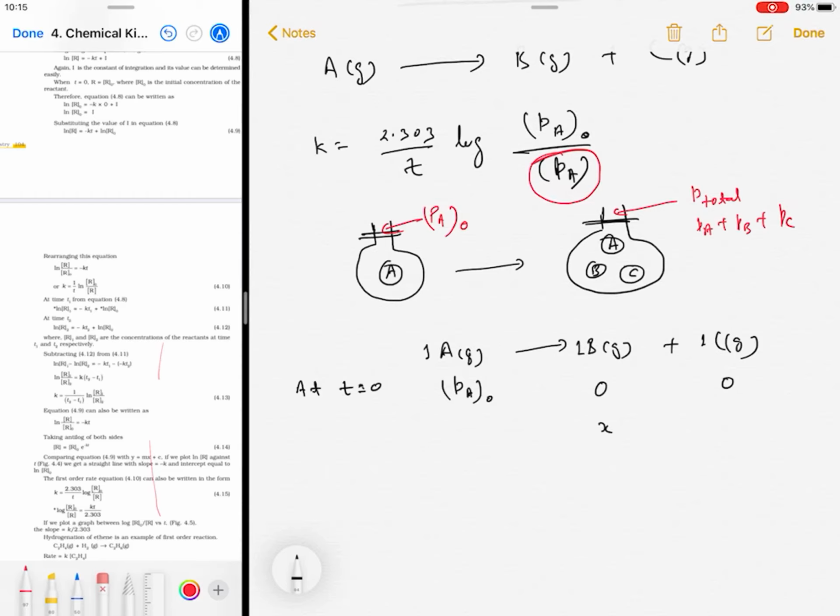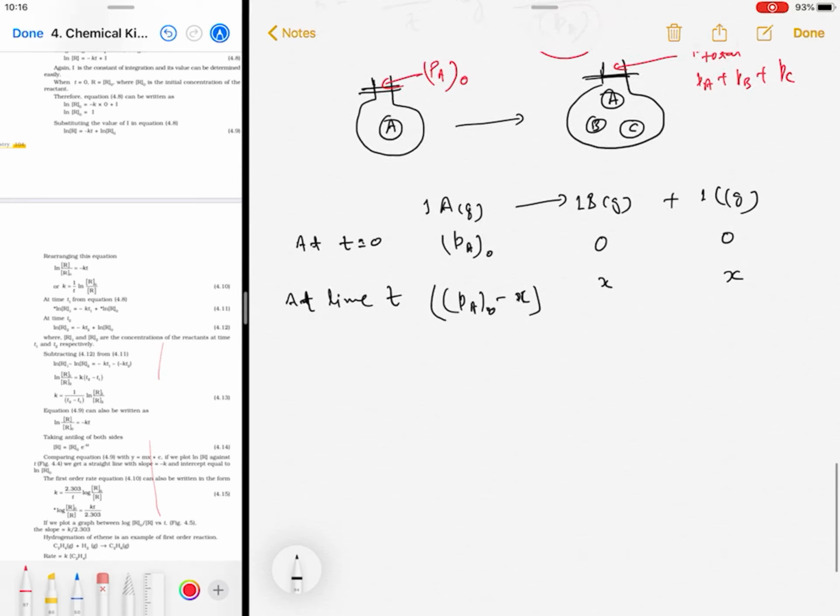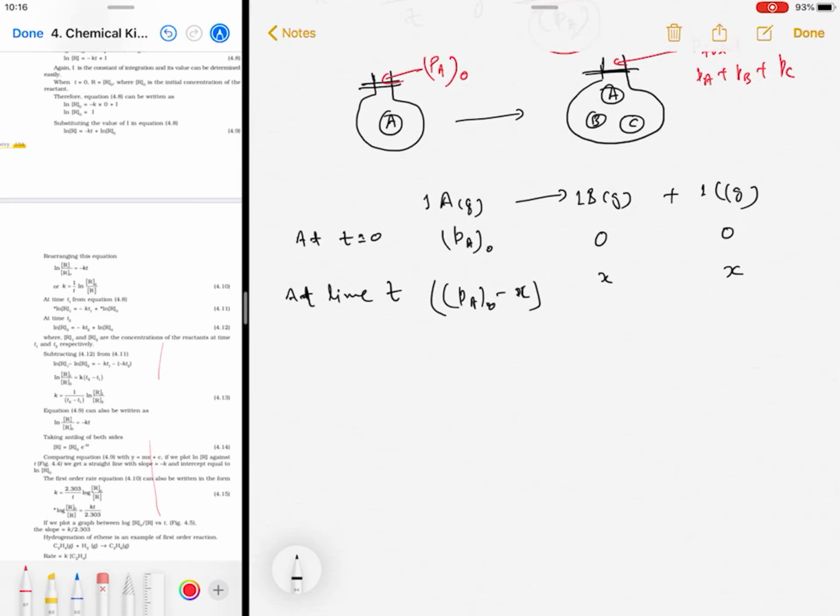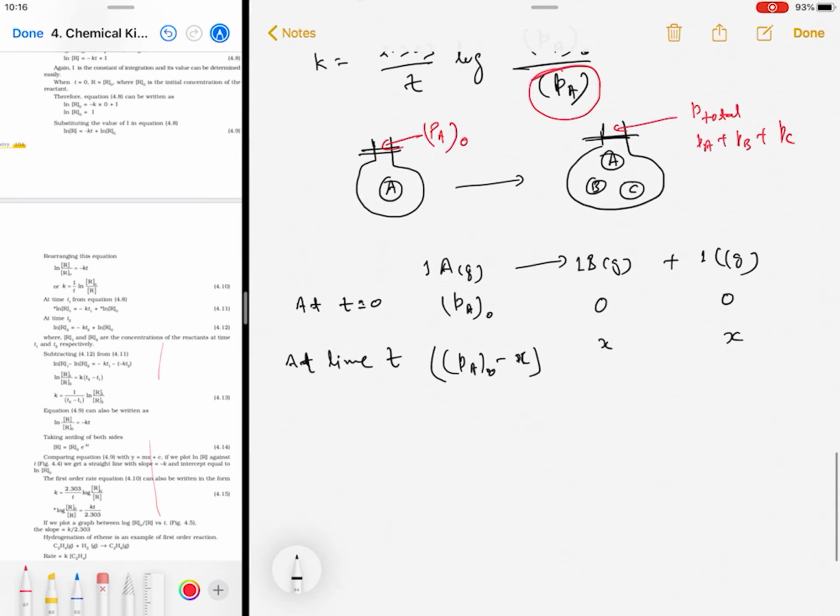This we have studied in class 11th. Let after the reaction at time t, the pressure of B is x, the pressure of C is also x atmosphere. What will be the pressure of A? It will be equal to PA naught minus x, since x molecules have decomposed. Now our problem is to find PA.